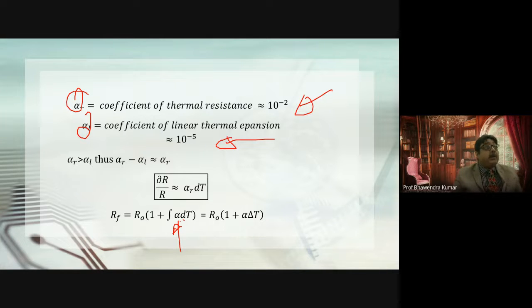But in a question, if they have specified that alpha L is to be considered, then instead of writing alpha R, we will write alpha R minus alpha L. So here also alpha R minus alpha L will be there. Is there any problem for anyone? No, sir.